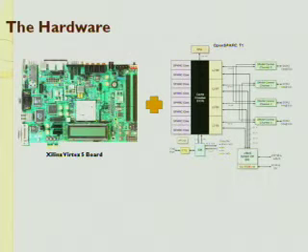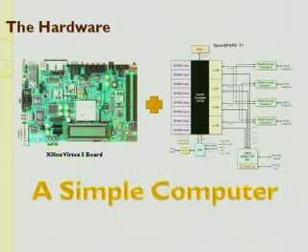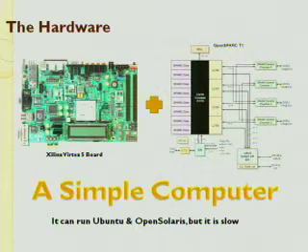It is open source so that we can modify it as we want. In our case, the modification will be fault injection. With these two components, we've got a simple computer. Don't underestimate this thing. It can run Ubuntu and OpenSolaris, but it's just very slow.